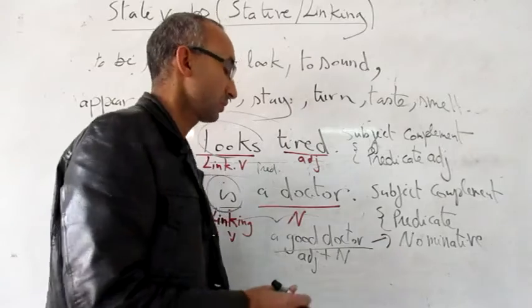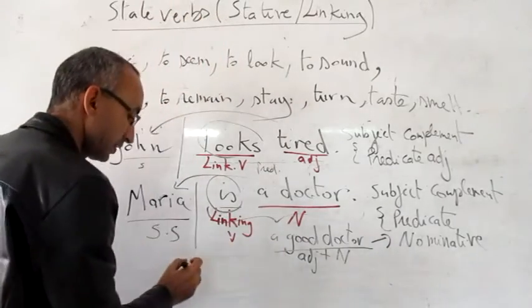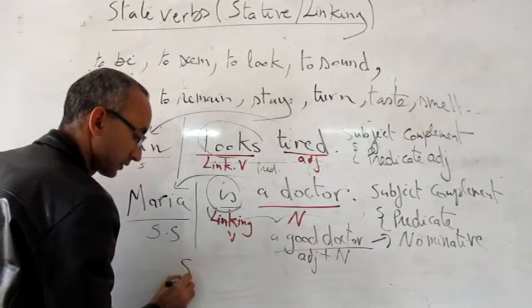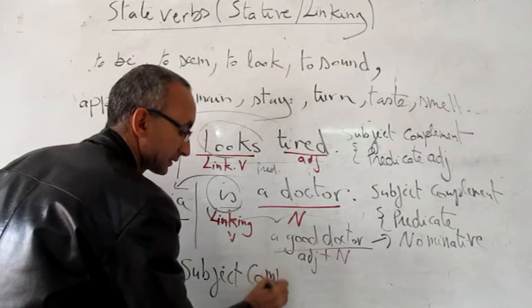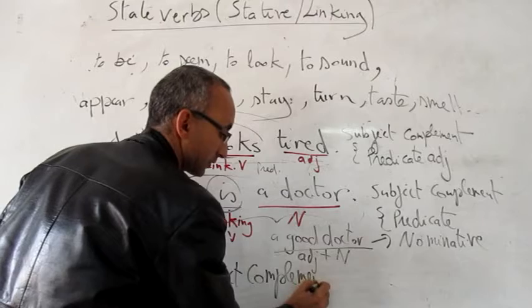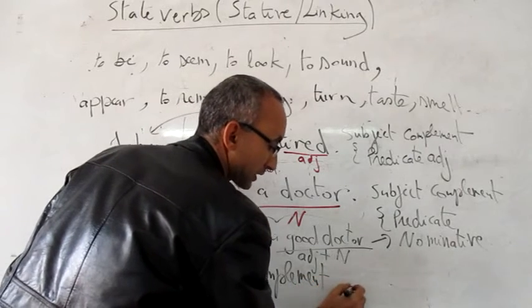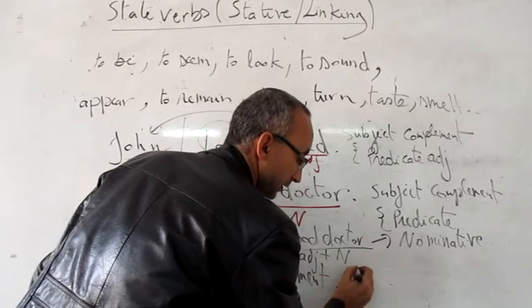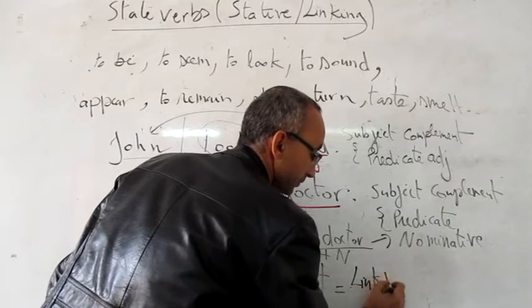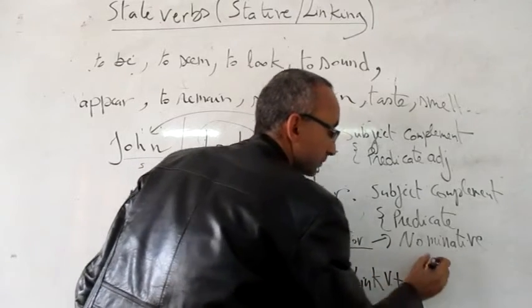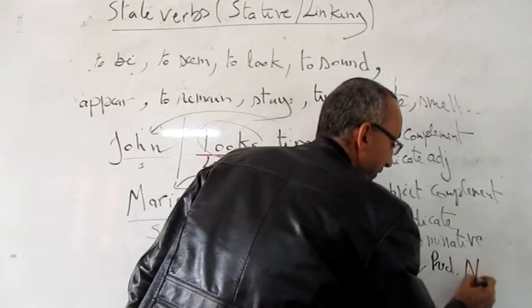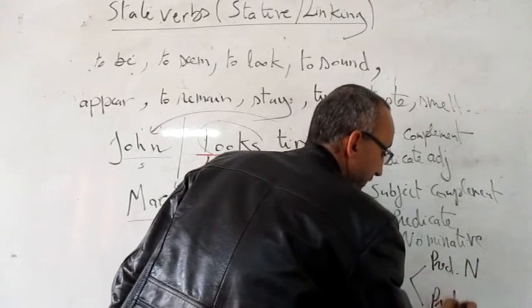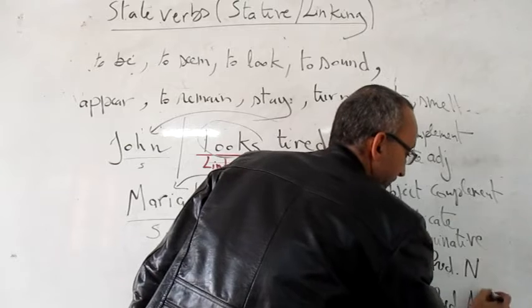Predicate nominative. We write here, for example, so we have our subject complement equals what? Linking verb plus either predicate nominative or predicate adjective.